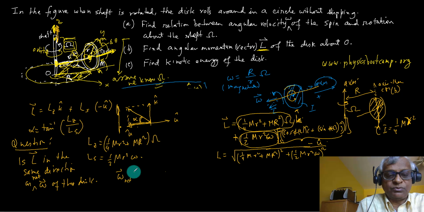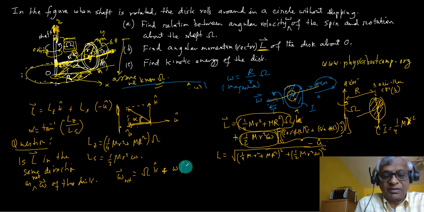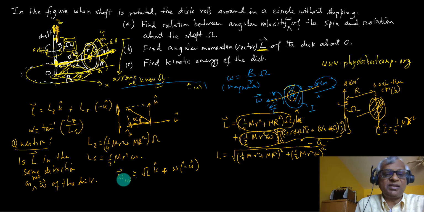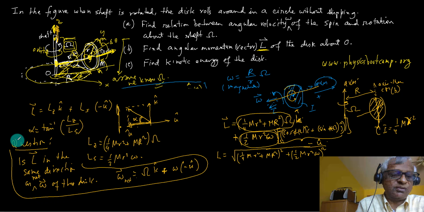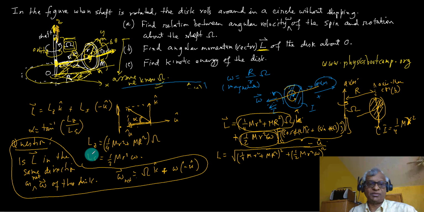This net will consist of big omega k hat plus little omega minus u hat. So you can see whether they're in the same direction or not, and answer based on that. Sometimes people ask that question, and that's something you should be able to check, since I already know all the directions. Okay, now I'm going to do part C.